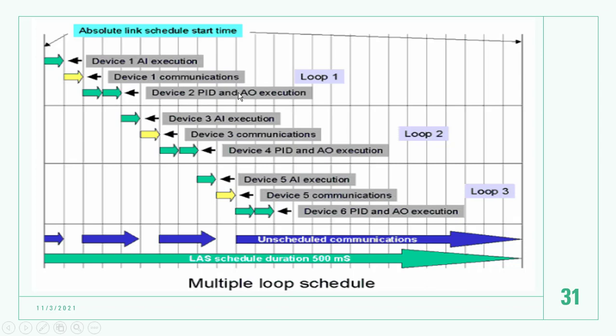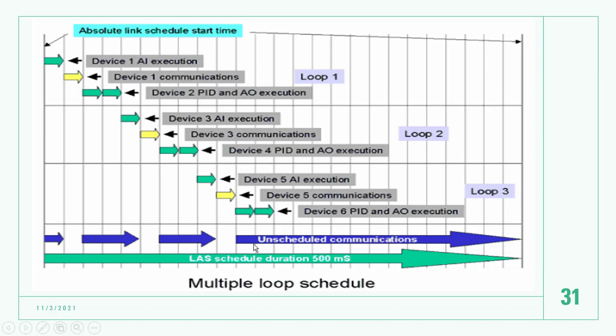Device 2 action, then go to device 3. Device 3 AI action. After that, communication to the PID AO device 4. Then device 5 AI action, device 5 communication. Okay.